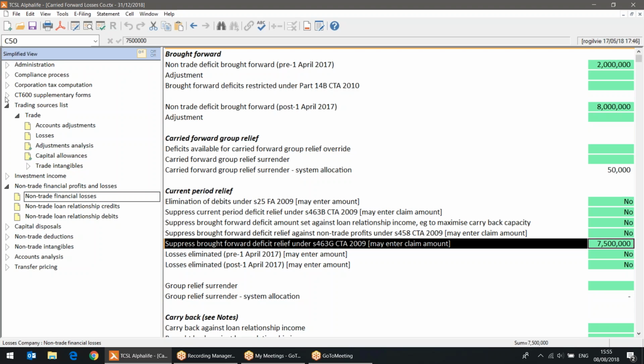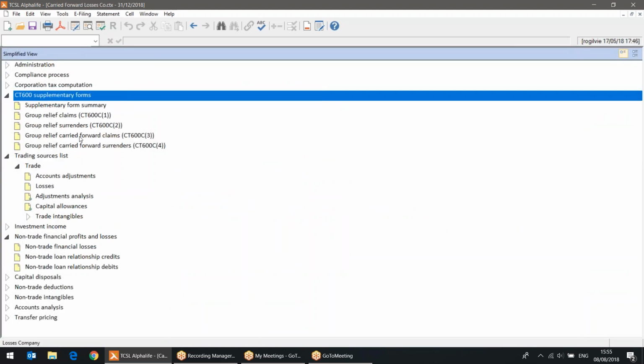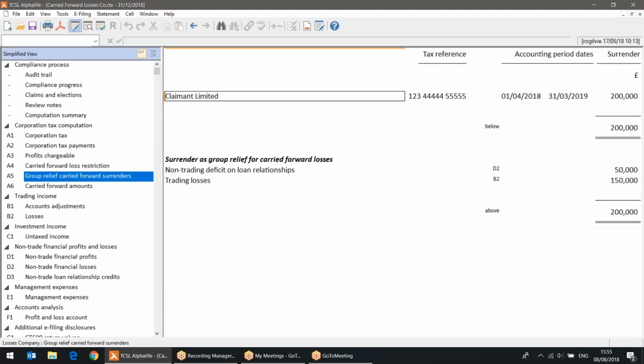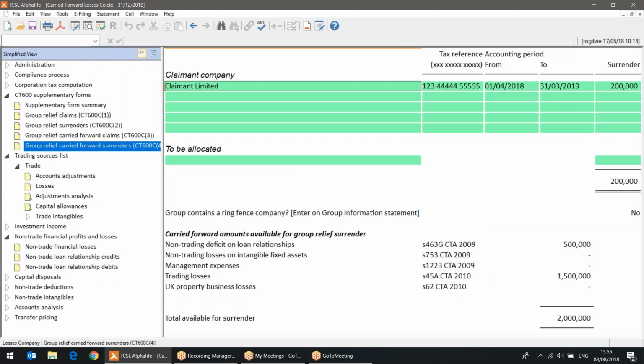Now, as I just mentioned, another aspect of the increased flexibility is the introduction of group relief for carry forward losses. The legislation is drawn up in a very similar way to the existing group relief provisions.